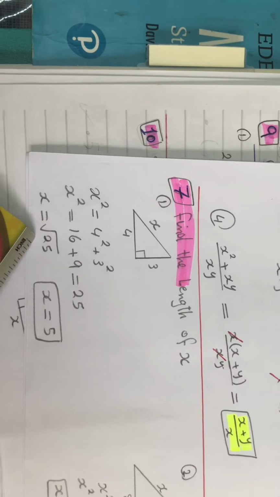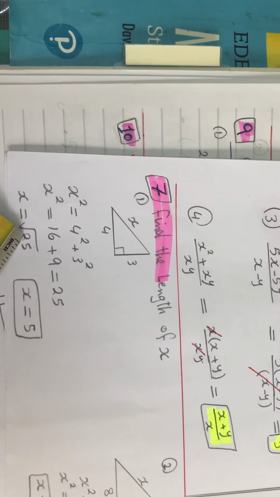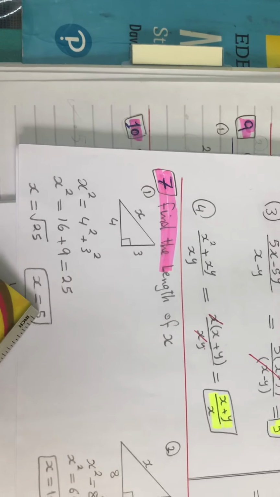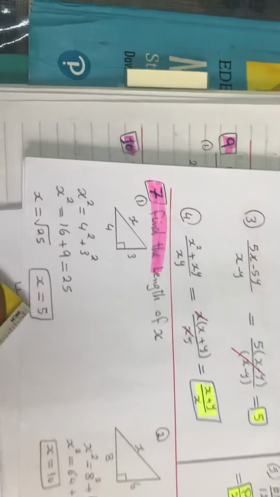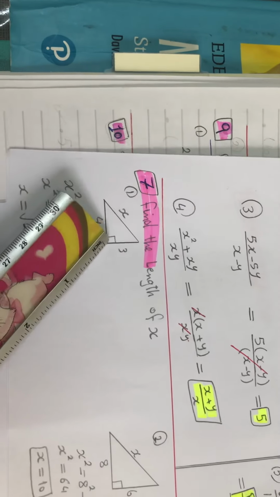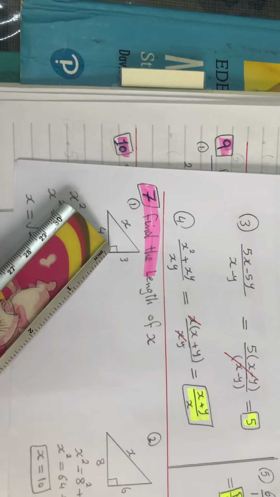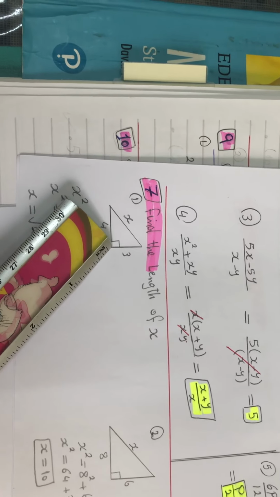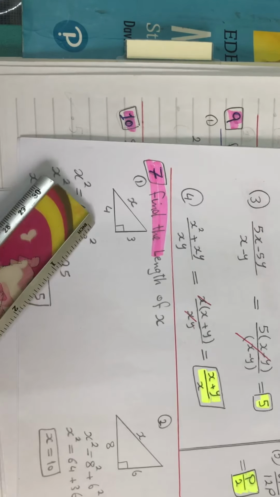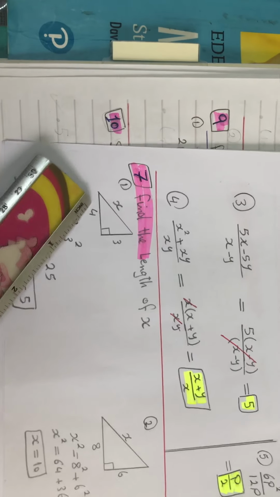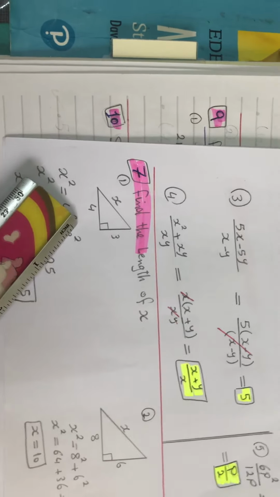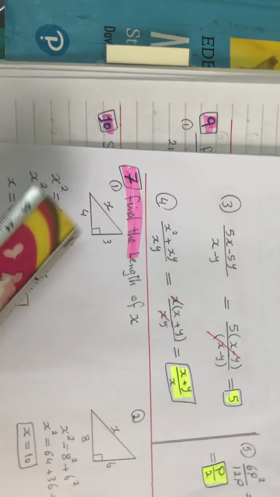Find the square root, so x equal square root of 25, x equal 5. You will say to me, teacher, it will be positive and negative 5. Yes, but it is not logical to find a length with a negative sign. It's a famous right angle triangle, 3, 4, 5. All of us memorize it.